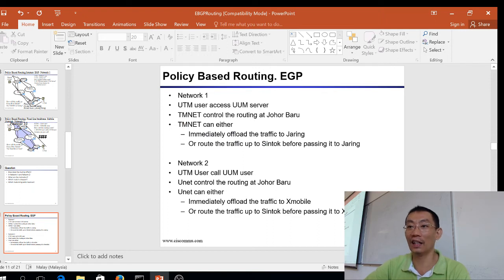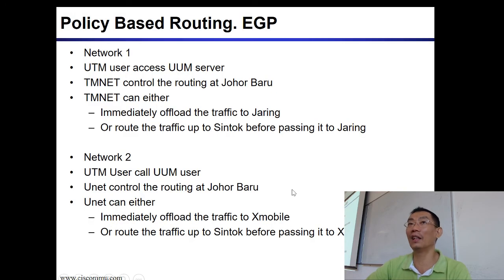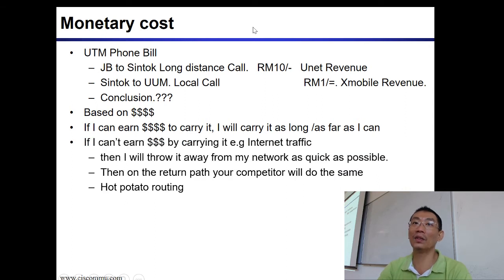So this should be an important concept when you do policy-based routing. One of the important concepts. You cannot earn money by carrying it, like internet traffic, so you throw it away immediately from your network. It has nothing to do with equal cost, shortest path or lower delay.